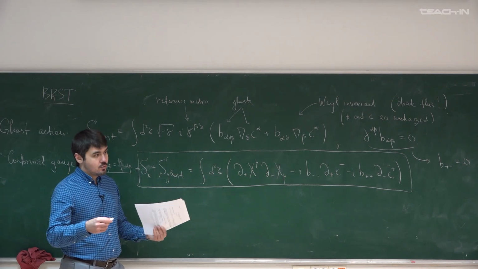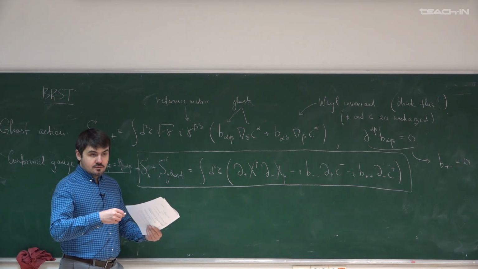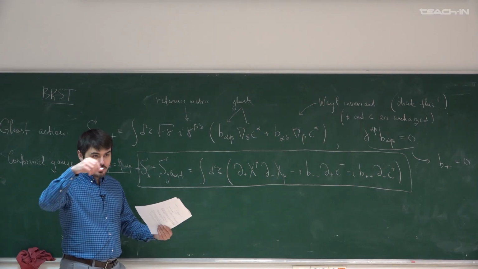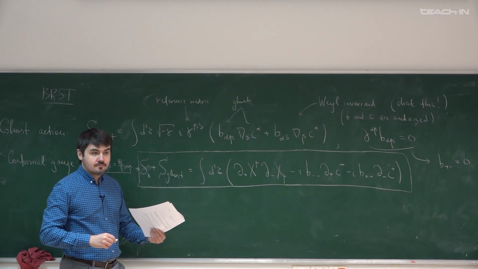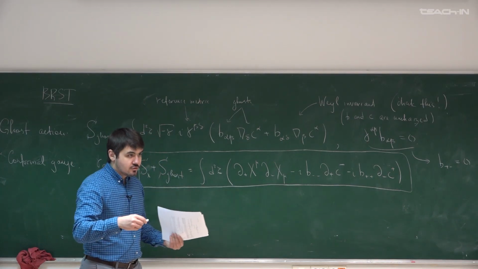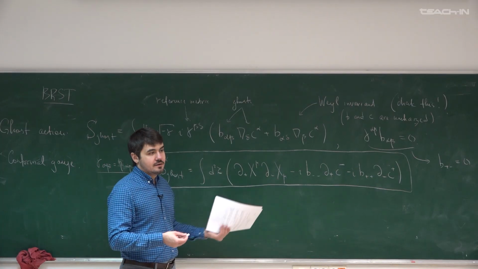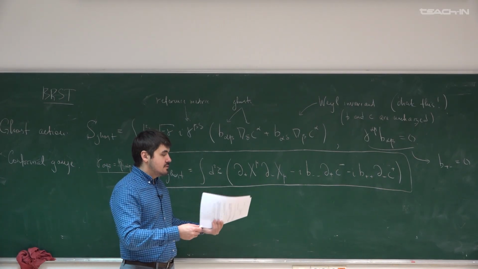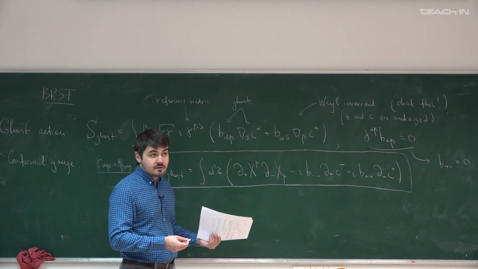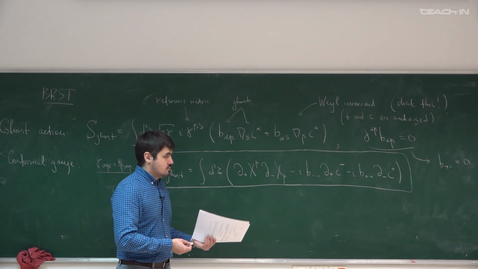The quotient space is viewed as some submanifold in the original space that intersects every orbit of the group action, and there is some measure induced on that surface. It involves some determinant which can be nicely encoded by some anti-commuting fields that we call the ghosts.